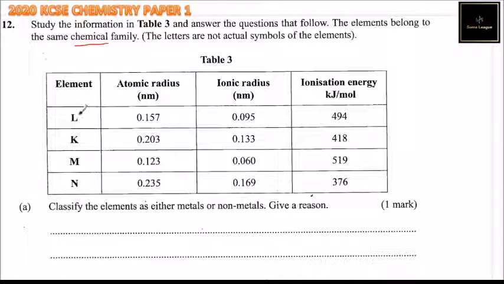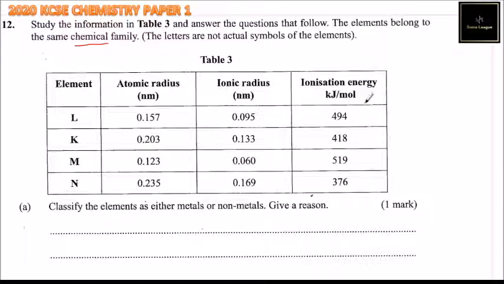So we have a table here. We are given elements K, L, M, N, and atomic radius. We are given 0.157, 0.203, 0.123, 0.235. Then we have ionic radius 0.95, 0.133, 0.060, 0.169.